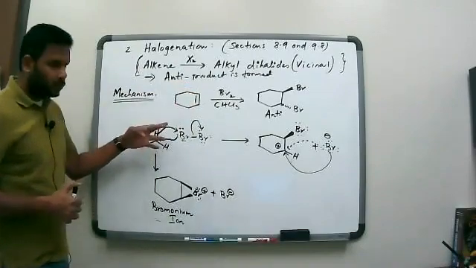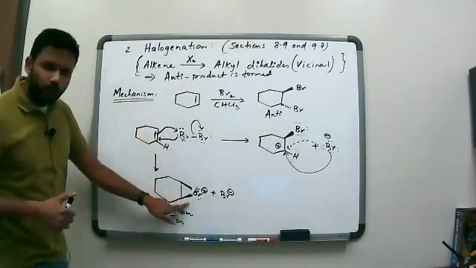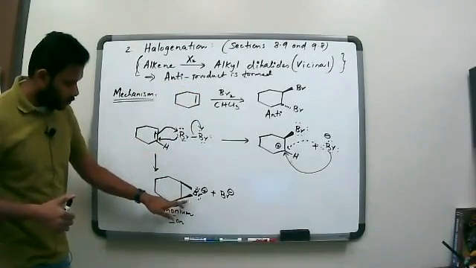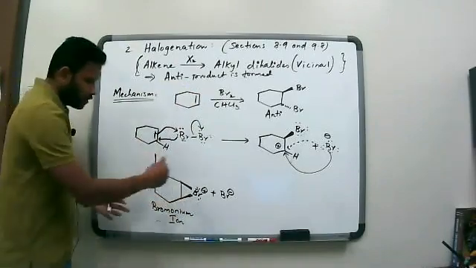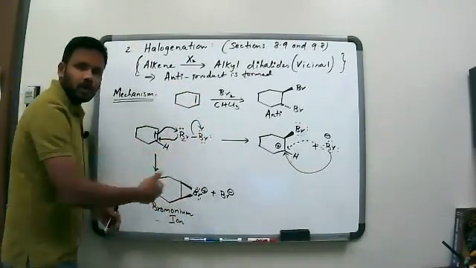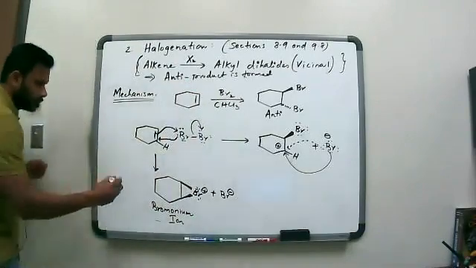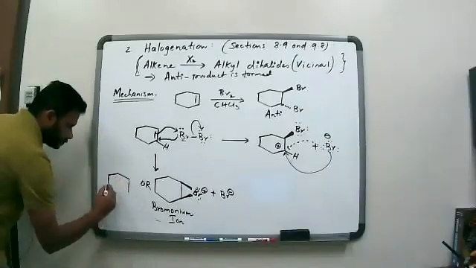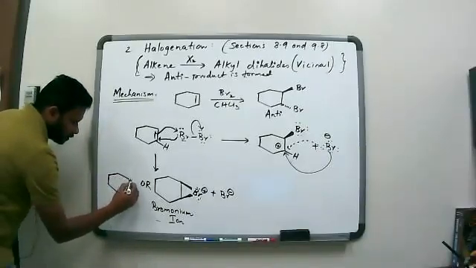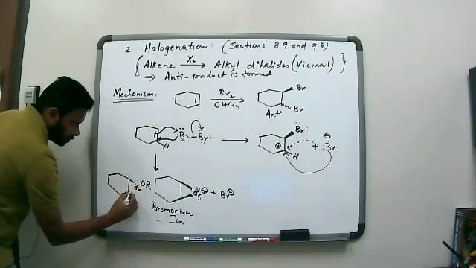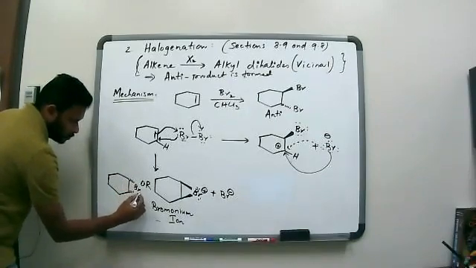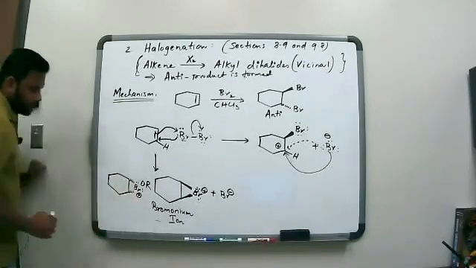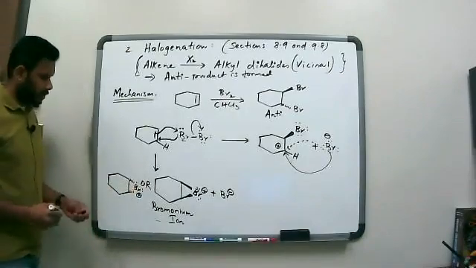And so we could have a bromonium ion where the bromine is on a wedge, or we could have a bromonium ion where the bromine is on the dash. So they are both possibilities.